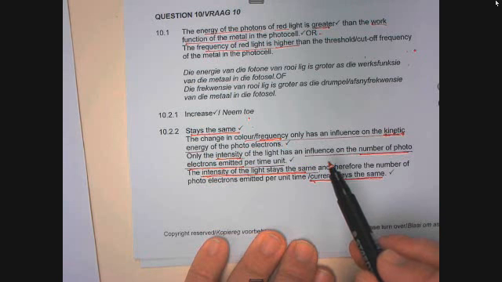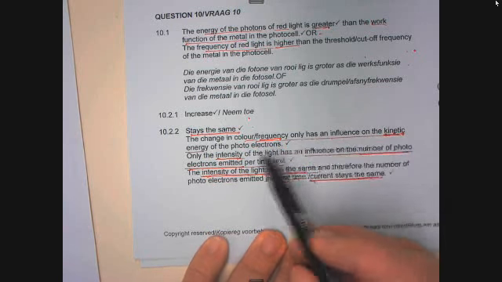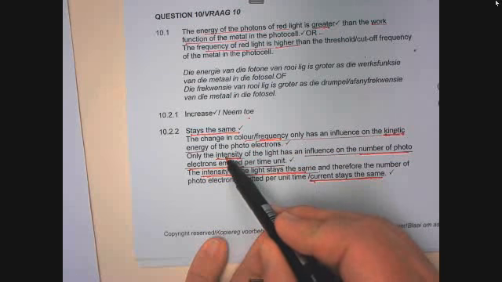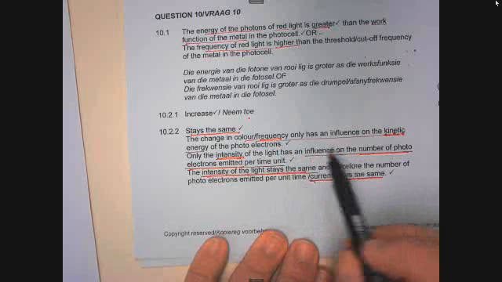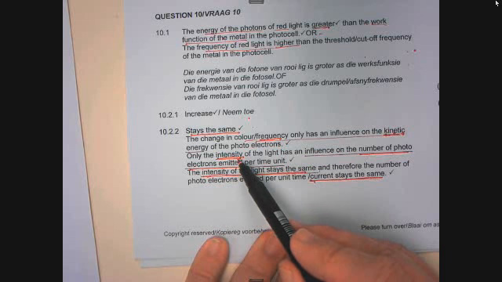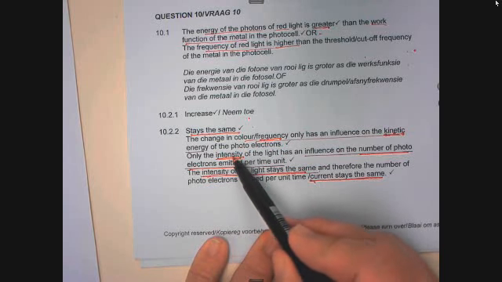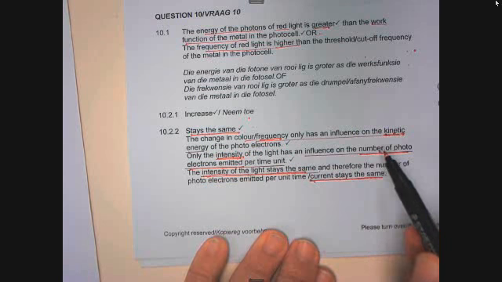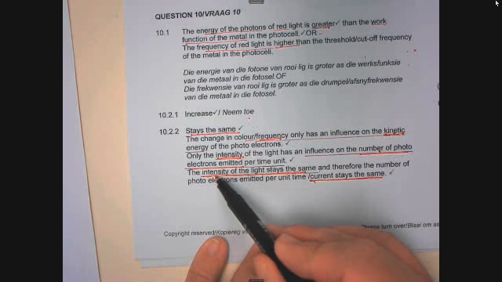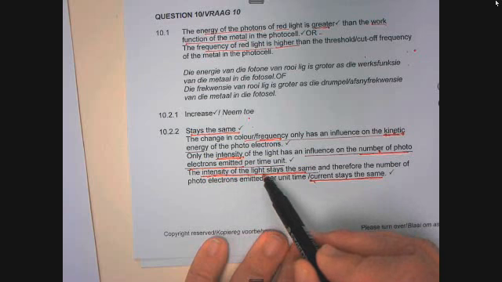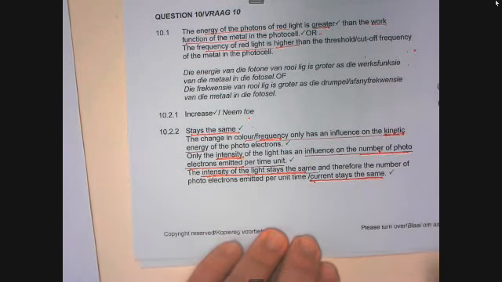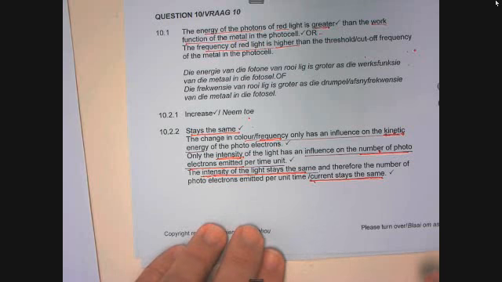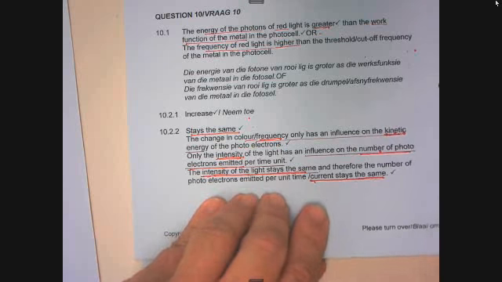For the second part, relating intensity to the number of photoelectrons per unit time or current, second mark. And then stating that intensity in the question stays the same, and that is the reason why the current will stay the same. Four marks for that explanation.